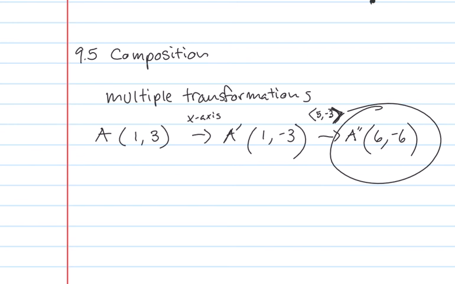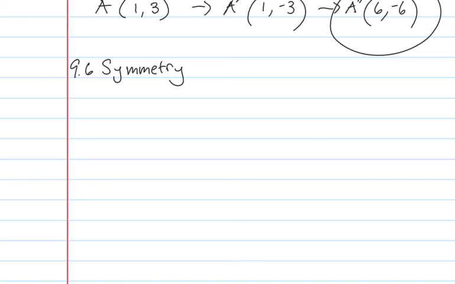In 9.6, we talk about symmetry. So we have line symmetry and rotational symmetry. Arguably, this is the easiest yet hardest concept because you really have to be a visual learner in order to see.